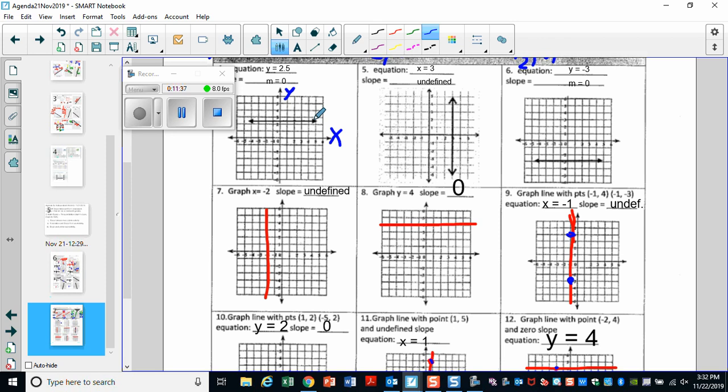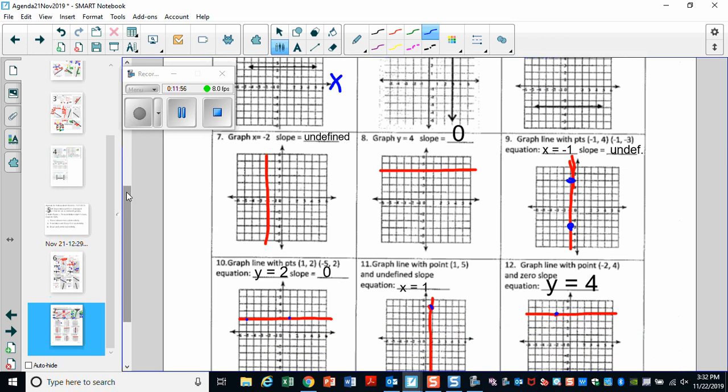Horizontal lines, slope is 0. Look where you cross the y-axis. Vertical lines, look where the line crosses the x-axis. And your slope is undefined.